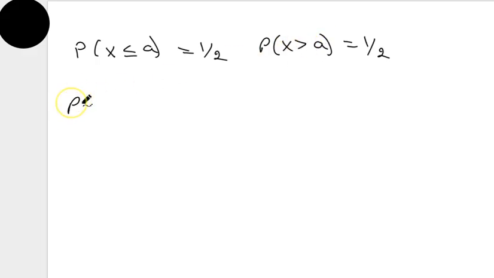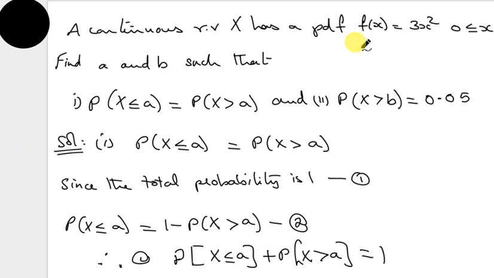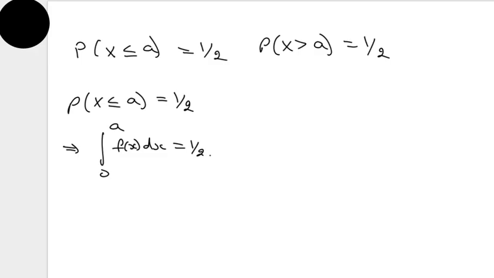Now, when probability of x less than or equal to a equals half, this implies integral 0 to a of f of x dx equals half. The function f of x is 3x squared in 0 to 1.